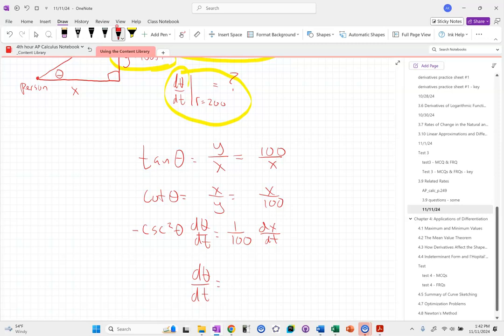Go back to trig. Negative sine squared, right? 1 over cosecant is sine. Yes? So far, so good? Okay.